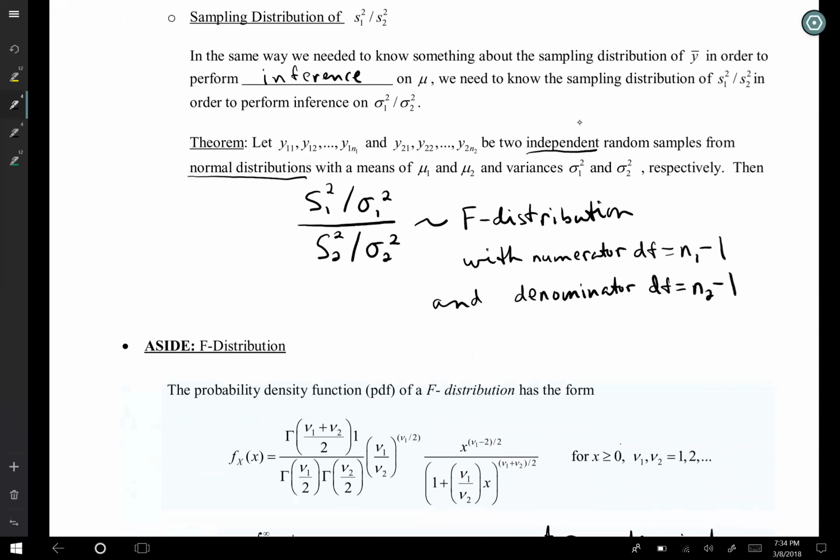These distributions have a mathematical basis and a theorem that I just present here. But ultimately, I want you to be able to use the F distribution to do a test on the ratio.